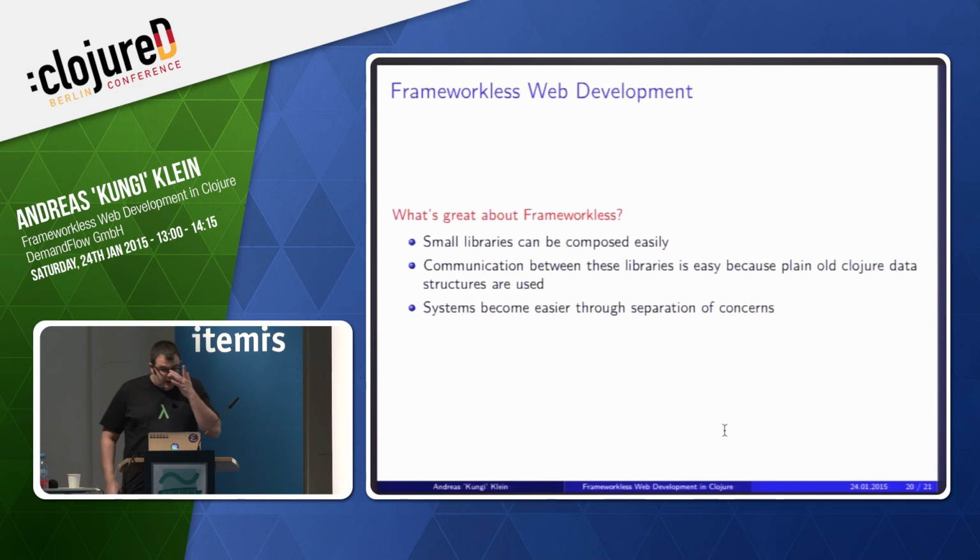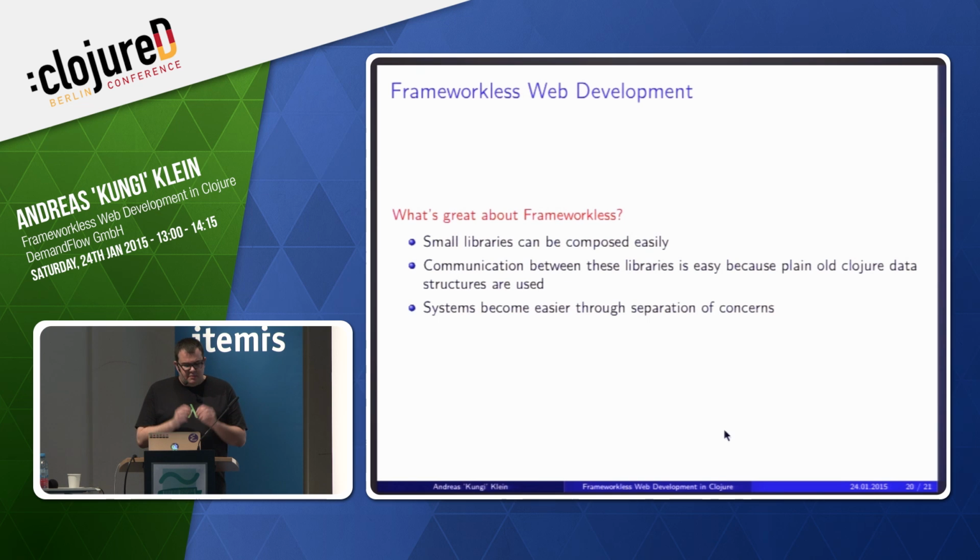So what's great about this frameworkless approach? As you have seen, we have many small libraries which serve just one purpose and only one. They communicate very well with each other because we just use plain old Clojure data structures. Systems become easier. You don't have to pull a whole framework into it, where you might just use half of the features.